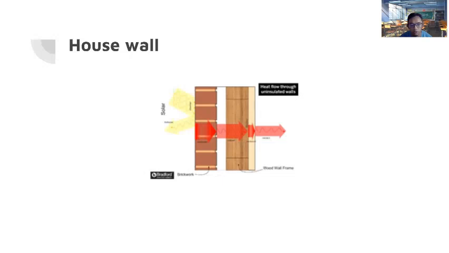Then conduction happens: the outer brick surface, which has a high temperature, transfers heat to the inner surface of the wall, which has a low temperature. That's the application for the house wall. Further explanation will be presented by Jivan.